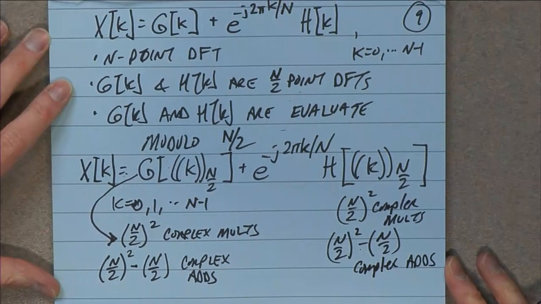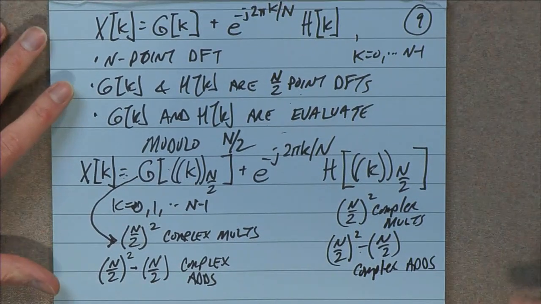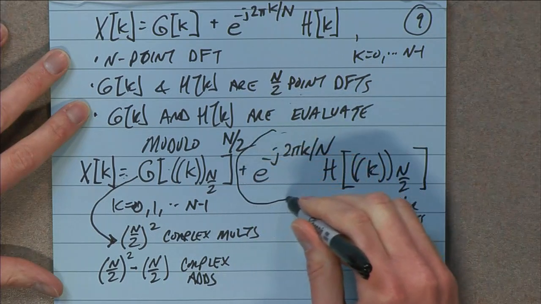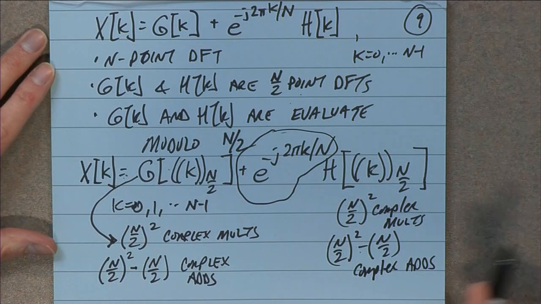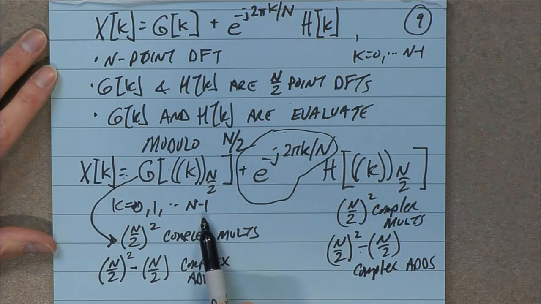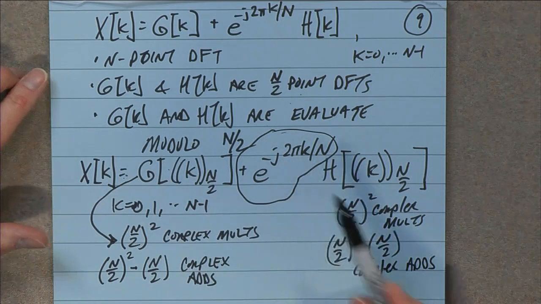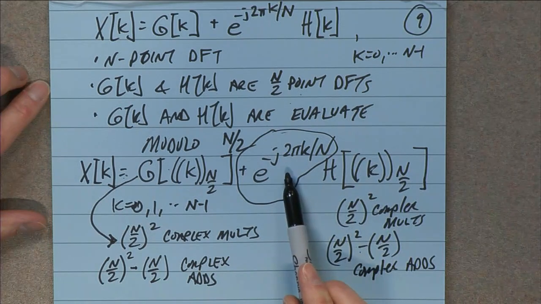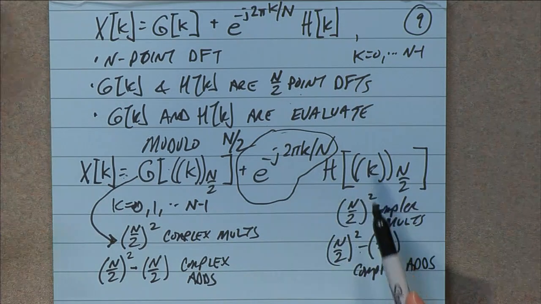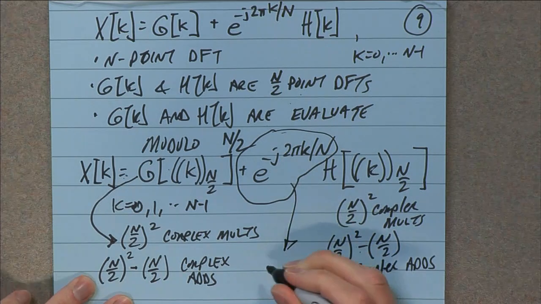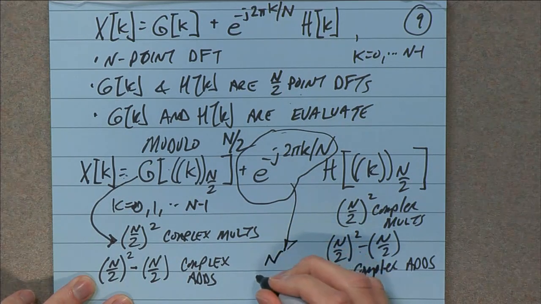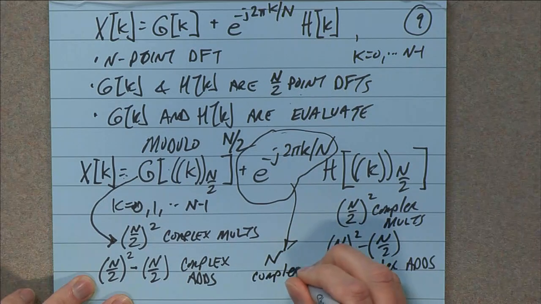So far so good, but there's one thing left out, right? What about this factor? How does that change everything? Well, as I said, k goes from 0 to n minus 1, so we're going to have to make n of these factors, and each has to be multiplied times h. So if we just wanted to compute the complex multiplies, we're going to have n complex multiplies.